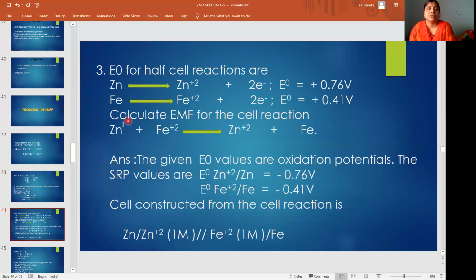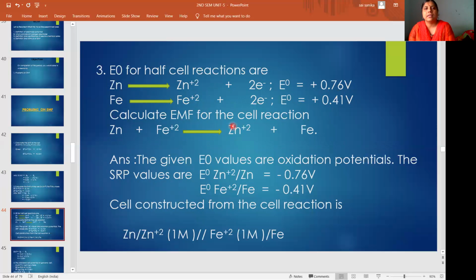Let's go to the next question. E naught for half cell reactions are: Zn gives rise to Zn2+ plus 2 electrons, E naught is plus 0.76 volts, and Fe gives rise to Fe2+ plus 2 electrons, E naught is equal to plus 0.41 volts.